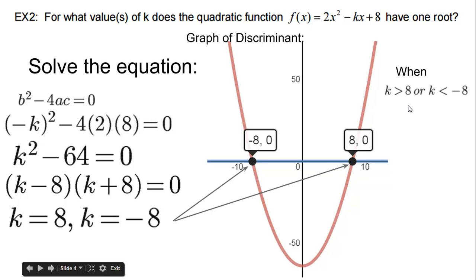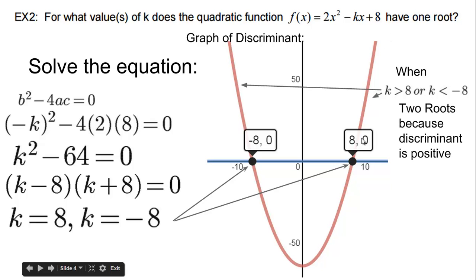The values outside, so when k is bigger than 8, or k is less than -8, we also call this the absolute value of k is bigger than 8. That's in these cases here. So you've got this part and this part onto infinity. You get two roots because the discriminant is positive.